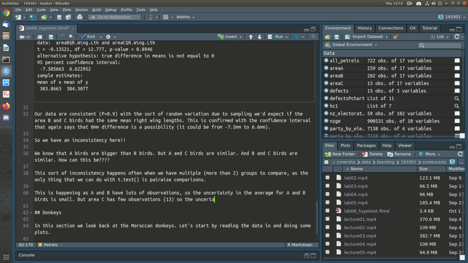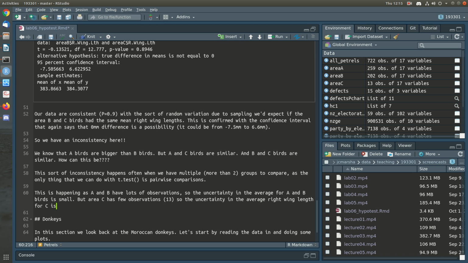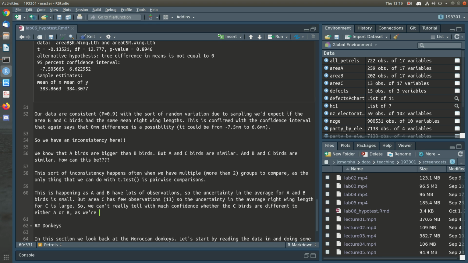So the uncertainty in the average right wing length for C is large. So we can't really tell with much confidence whether the C birds are different to either A or B, as we're too uncertain about what their average is. Later on, we'll look at how we can solve this issue.